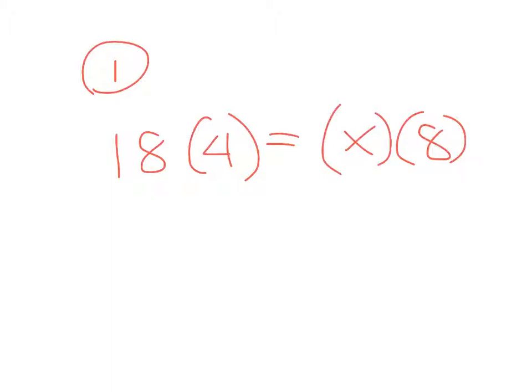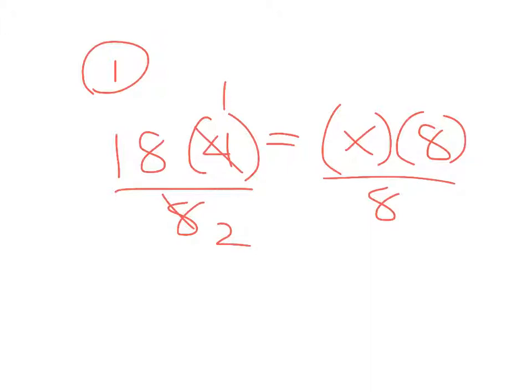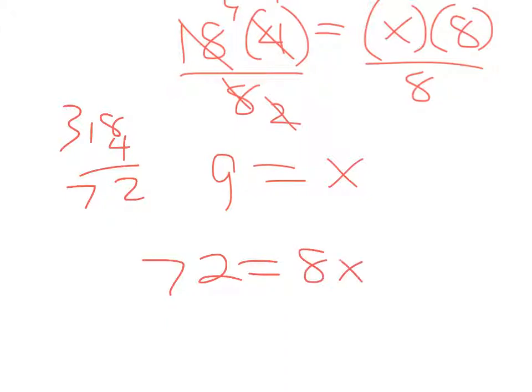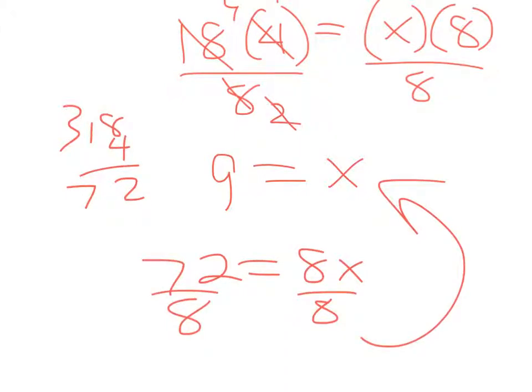So you would set it up this way when it's inverse. So again, I'm going to divide by the 8. Again, I like to simplify before I multiply, and I get 9 people. Then for number 2, again, if you don't want to do that, you're going to multiply 18 times 4 and get 72 equals 8x. Divide by 8, and you still get the 9.